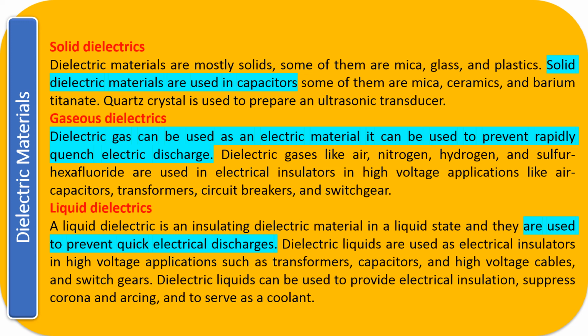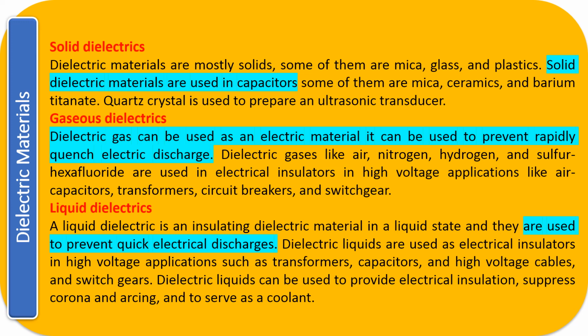Again, gas is also used to prevent the quick electric discharge, and liquid is also used to prevent it, particularly in the case of the transformer. Dielectric liquids are used as electrical insulators in high voltage applications such as transformers, capacitors, high voltage cables and switchgears. So there also we use liquid dielectrics.